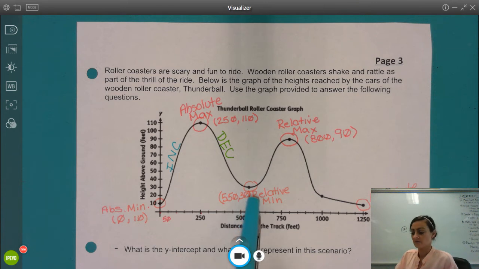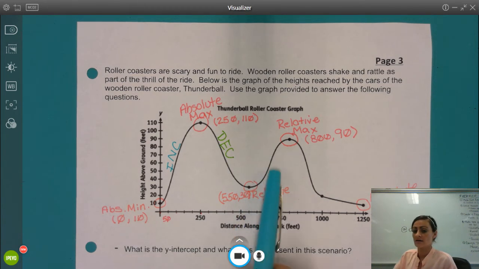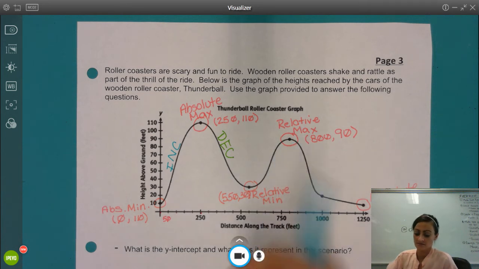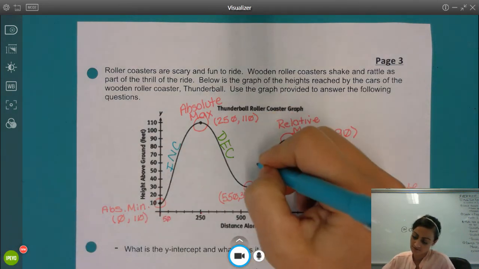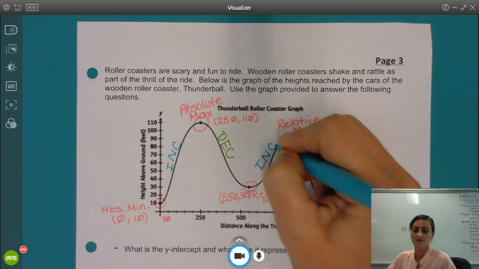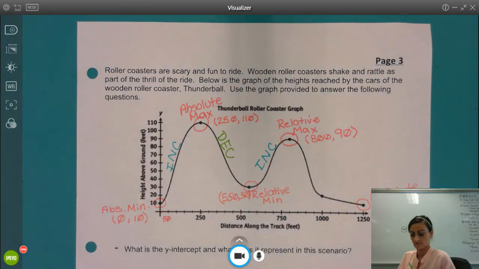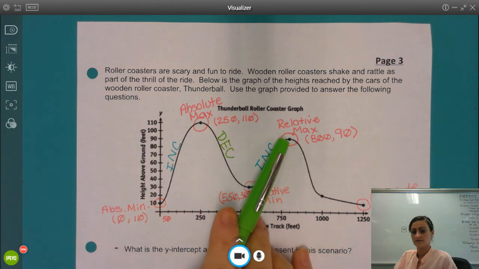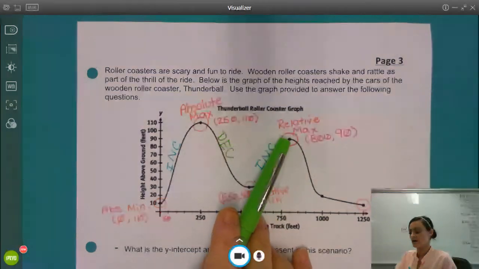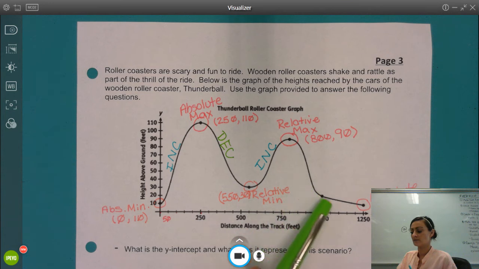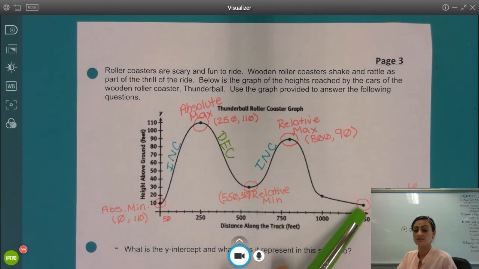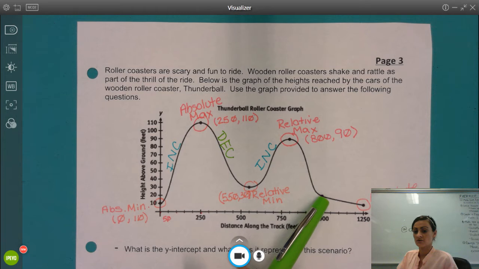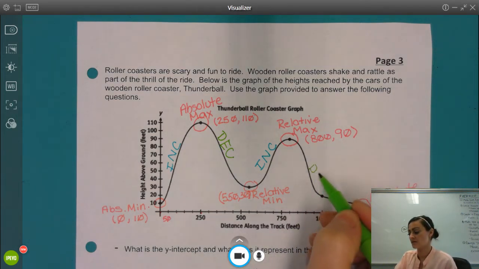Now I'm going to look at what happens after I start to leave my relative minimum and travel to the right. Well, now I'm going back up to my relative maximum, so this portion is increasing. And now, from my relative maximum all the way down to my absolute minimum, we are decreasing. Even though I turn and go a different way of decreasing, all of this is still a decreasing interval.